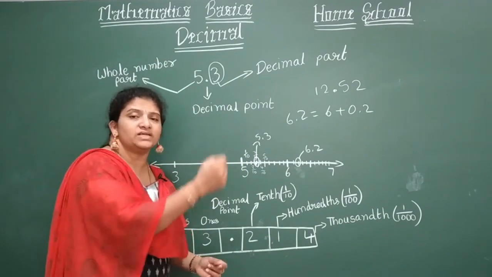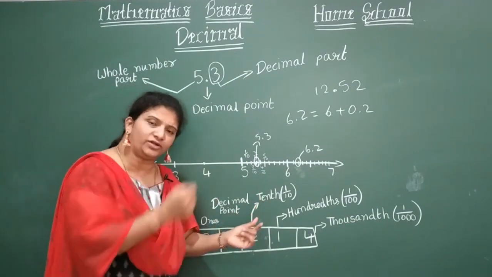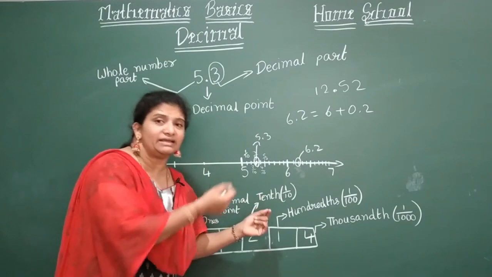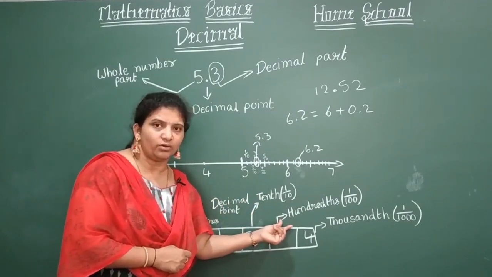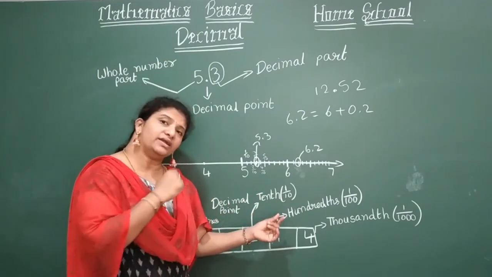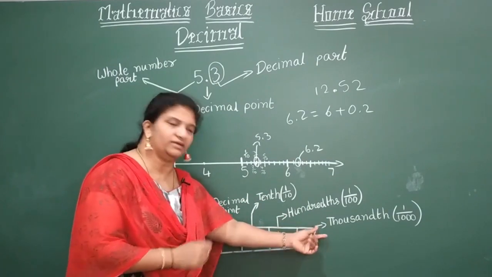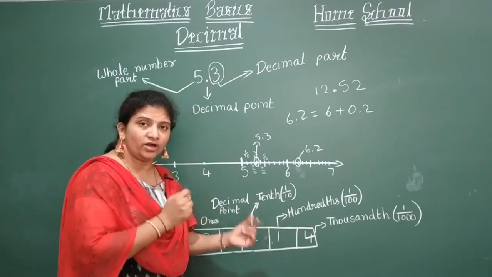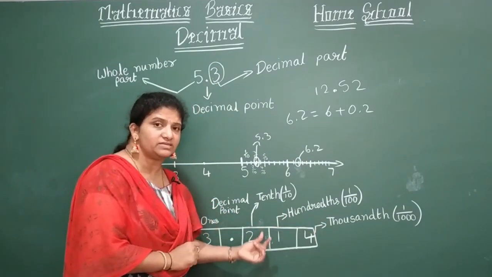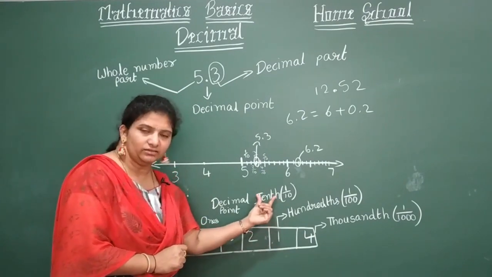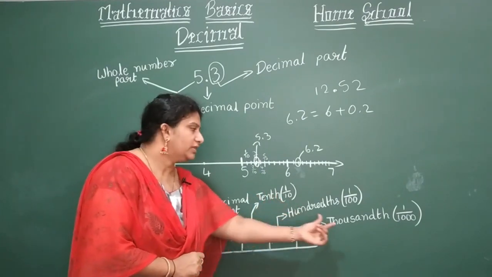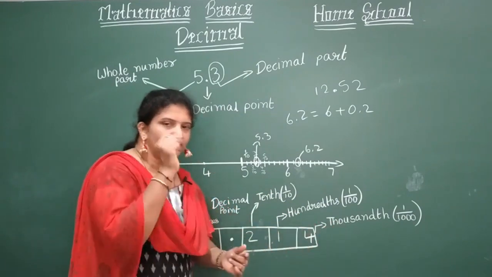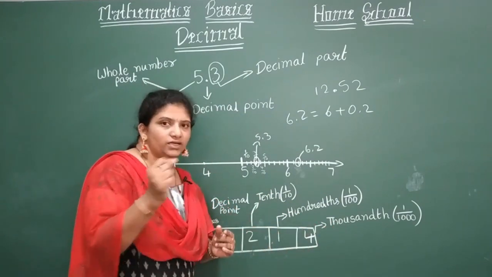All the numbers will be multiples of 10. 10 tens are 100. Again, 100 tens are 1000. So like this, in this number system we call it tenth, hundredth, thousandth. It is followed by th.